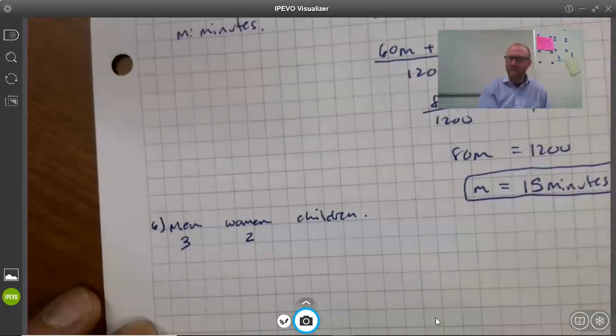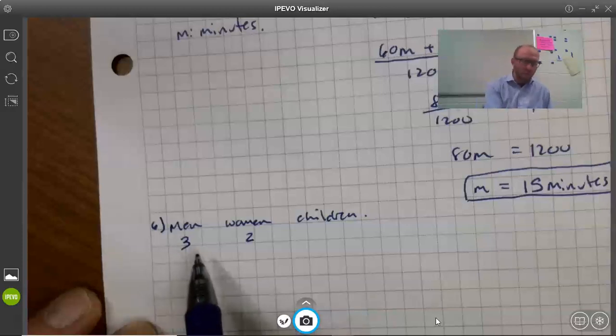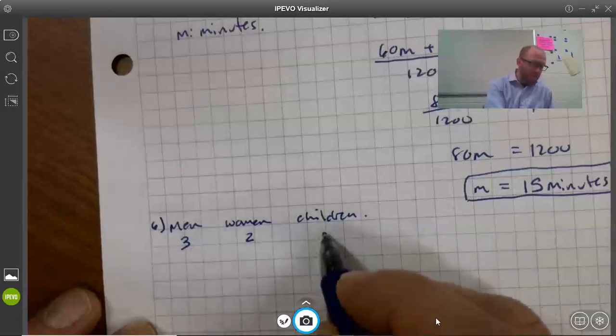No, I just realized something. I think I made a mistake on that one. And let's see. Ratio of women to men is 2 to 3, and men to children is 1 to 2. So 1 to 2 would be the same as 3 to 6.